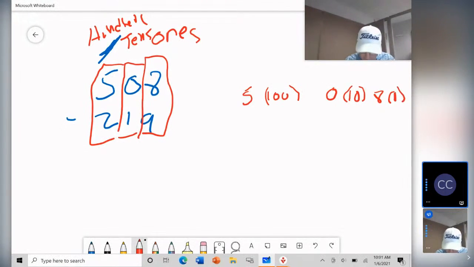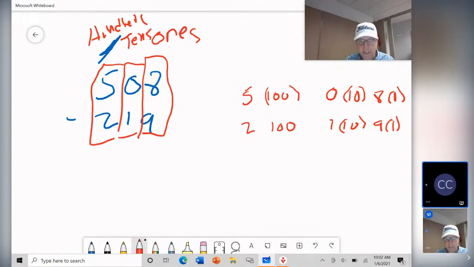And down below, we'd have 2 hundreds, 1 ten, and 9 ones. So it'd be 508 because we have 5 times 100, 0 times 10, and 8 times 1. And this you're going to have 200 plus 10 plus 9, so 219.